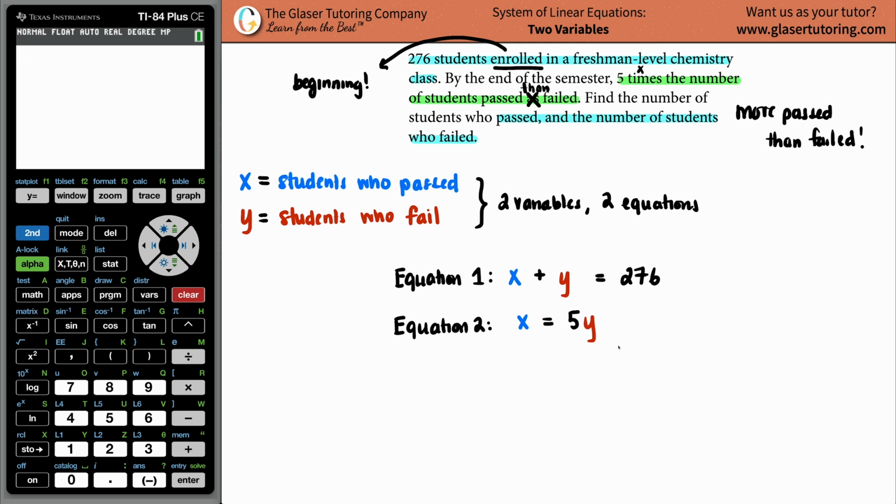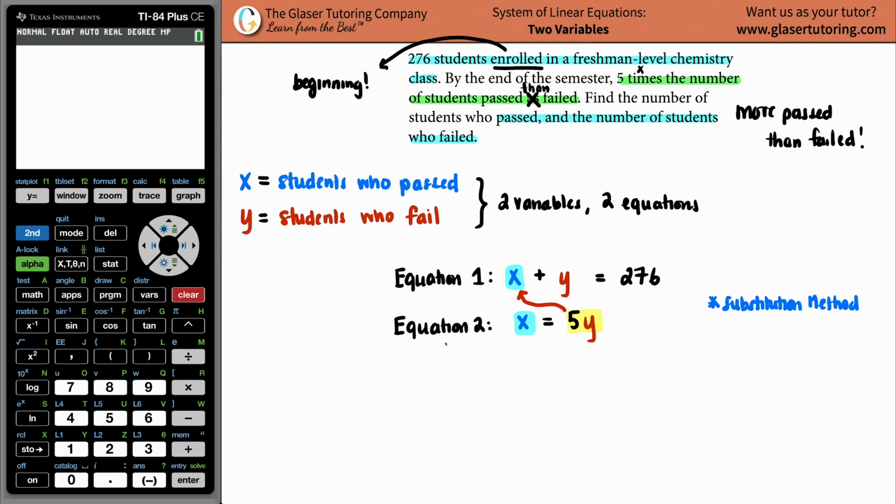But if you see that you have one equation that is just X equals, which is what we have here, or it could have been Y equals, we're going to do the substitution method, which means that we're going to take what X equals, the X equals 5Y, and plug this into the other equation that had the X value. So I'm going to plop this 5Y into this equation in for the X, because that's what X equals.